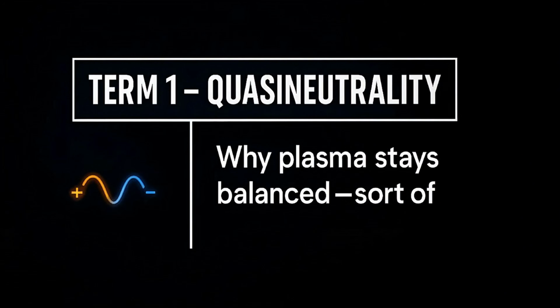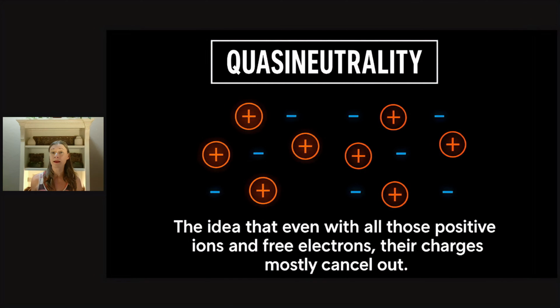Okay, now with a good foundation, let's get to our first term, quasi-neutrality. This is going to talk about how plasma stays balanced, sort of. Now on the slide on the right, you're seeing that balance in action. Typically, we have a chaotic mix of charged particles, but overall, they add up to something close to neutral. That's where we get that term, quasi-neutrality.